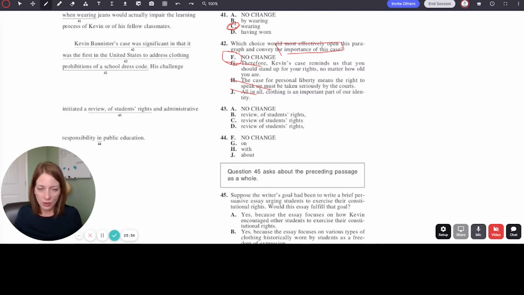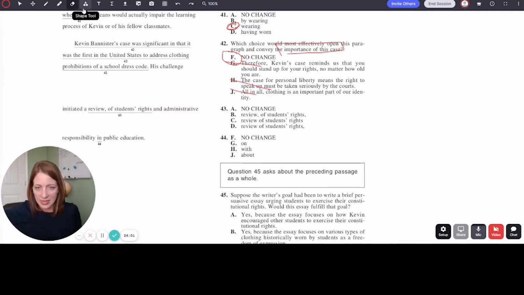Number 43. I'm looking at this and I'm like, students, plural, possessive. That's the first thing that caught my eye, that they're all students, plural. They're possessing rights. Since those are all the same, this is not testing our ability with possessives, so we're going to put that aside.